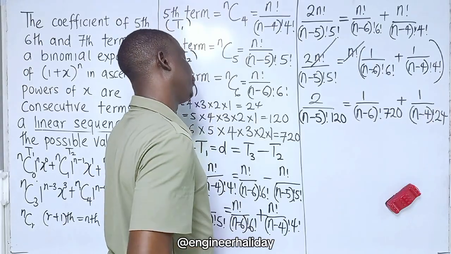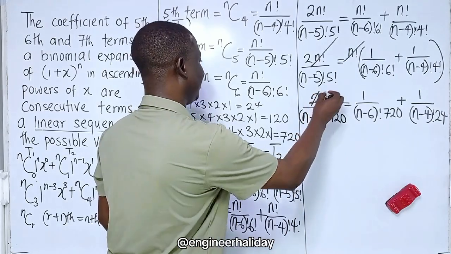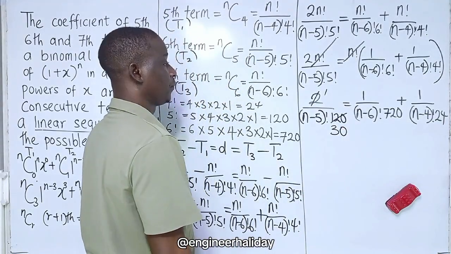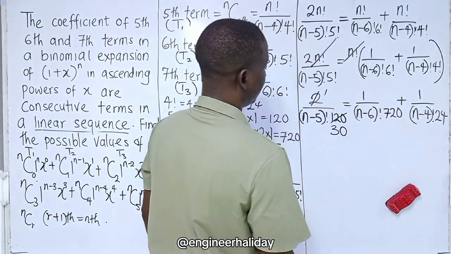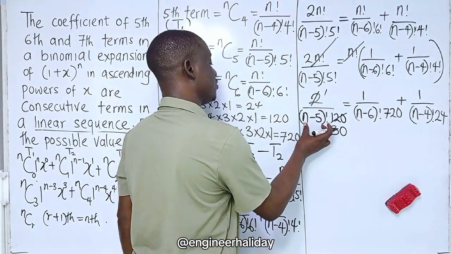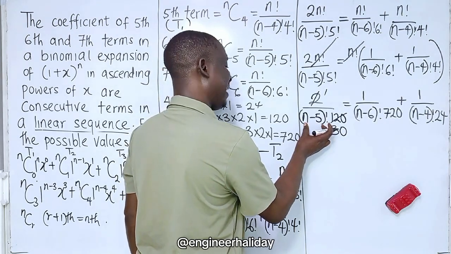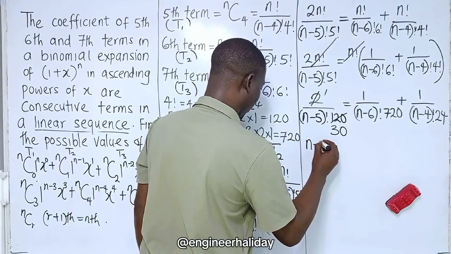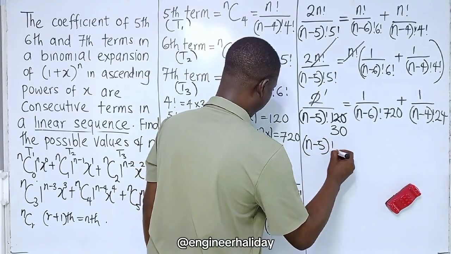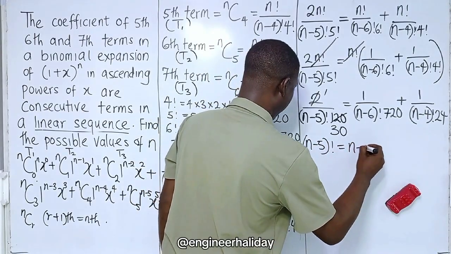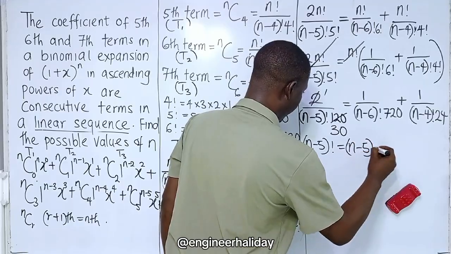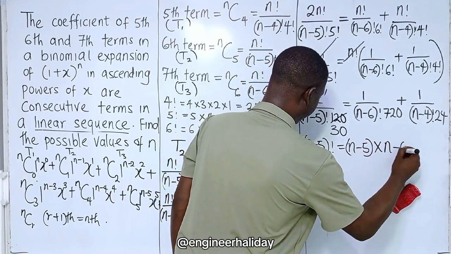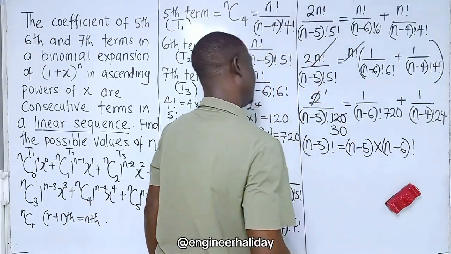Now, having got it to this point, what you just do is cancel out. If you remove 2 from 120, what we have here is 60. This factorial can be broken down: don't forget that (n minus 5) factorial can be written as (n minus 5) times (n minus 6) factorial.